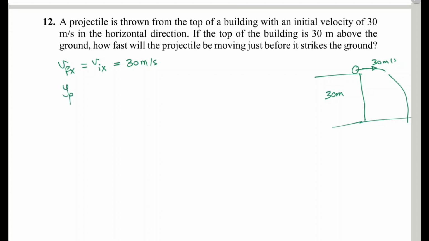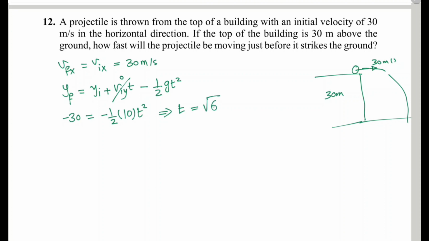So y final equal to y initial plus the initial y t minus half g t square, minus 30 equal to minus half 10 t square, or in other words, t, this is 0, equal to square root of 6, or 2.45 seconds.